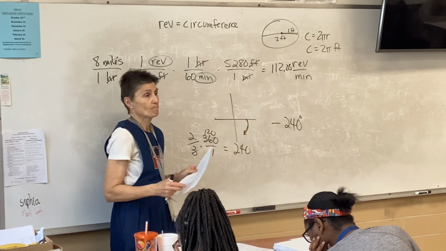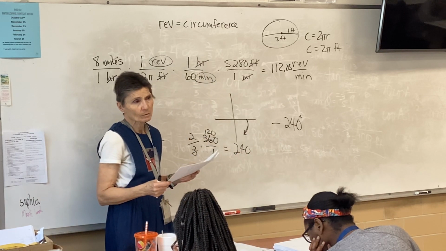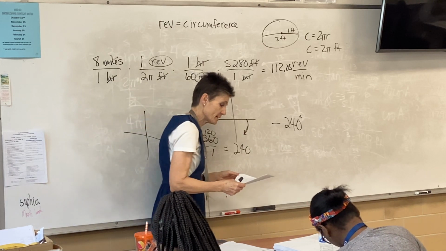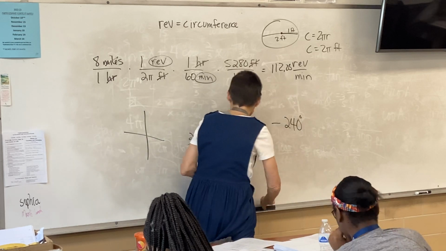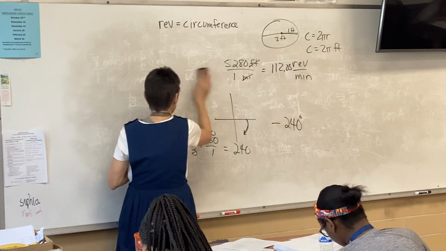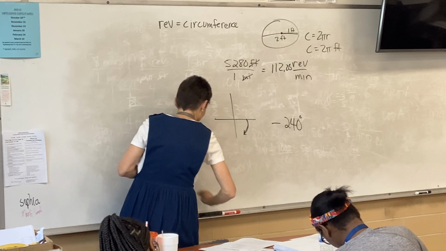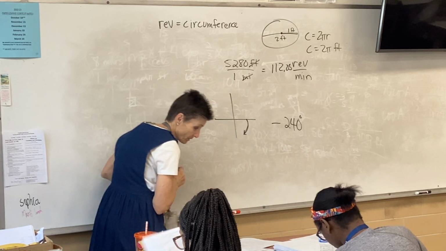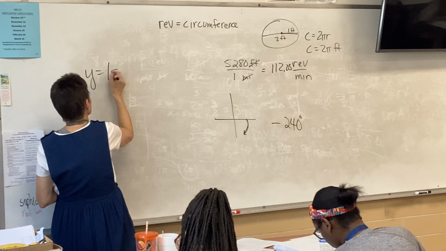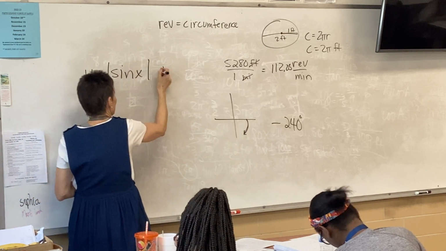All right, what else? Yeah. Number 20 on the same sheet. What is the period of the absolute value of the sine plus 1? This is a great review question and current material question. Absolute value of sine plus 1.